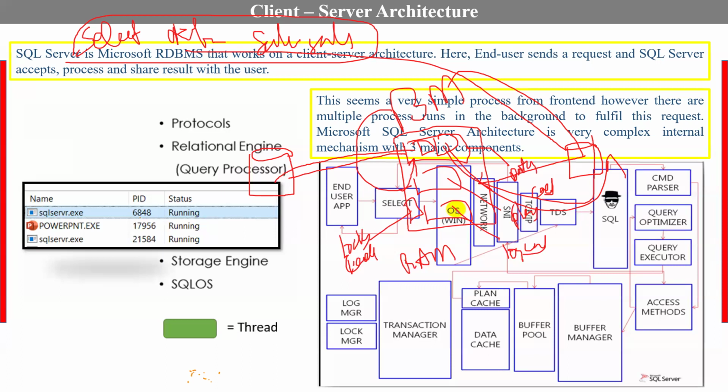Why would it go to the plan again? The plan is already prepared. The plan is already chosen. So after the processing of the plan, it will go to the next level like access method, buffer manager, buffer pool, and data cache. Once your plan is ready, everything is ready, then the executor will start executing the query. But there is no data in the relational engine, right?